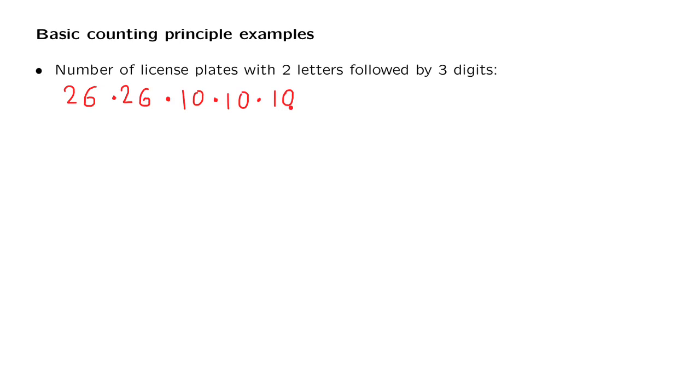Now let us change the problem a little bit and require that no letter and no digit can be used more than once. So let us think of a process by which we could construct license plates of this kind.